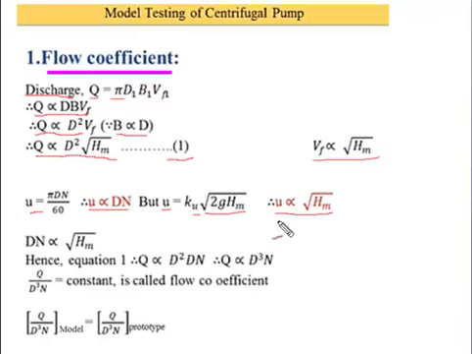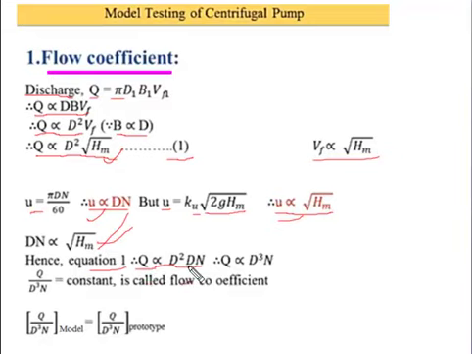From these two equations we get dn is directly proportional to under root hm. Hence in equation 1, Q is directly proportional to d square into d into n. Putting the value from this equation in equation number 1, we get this equation.